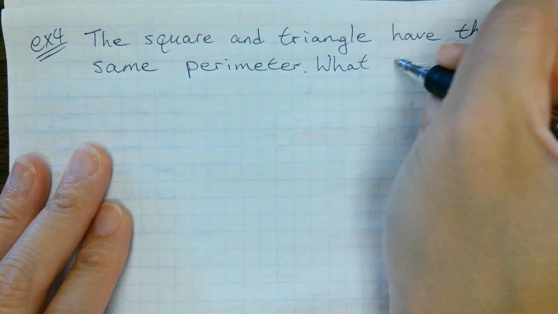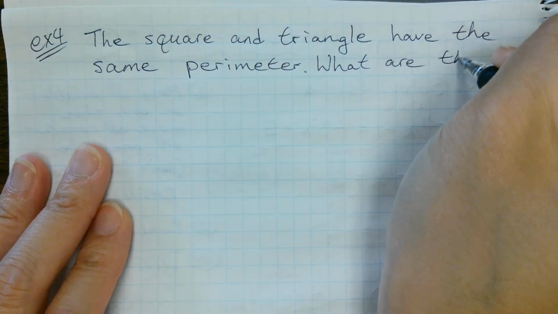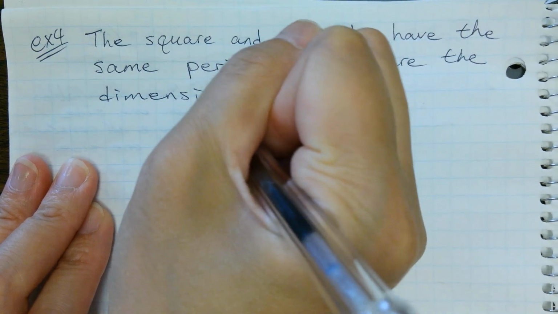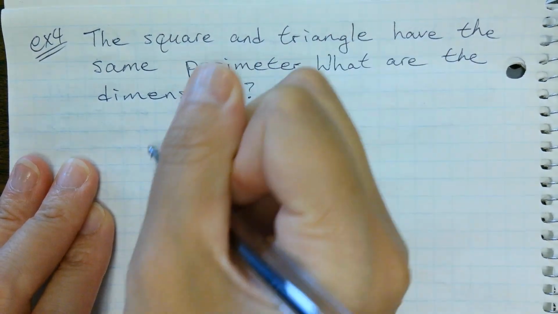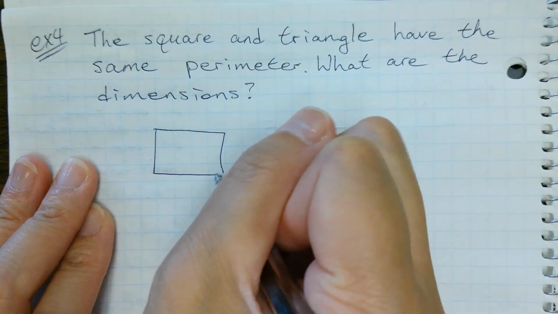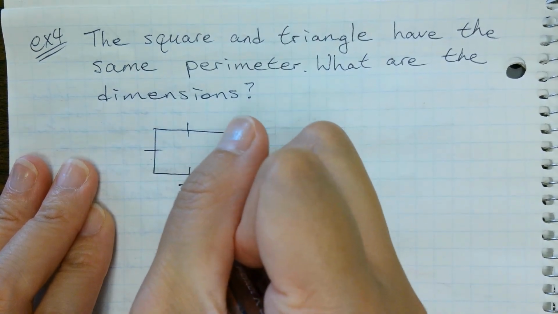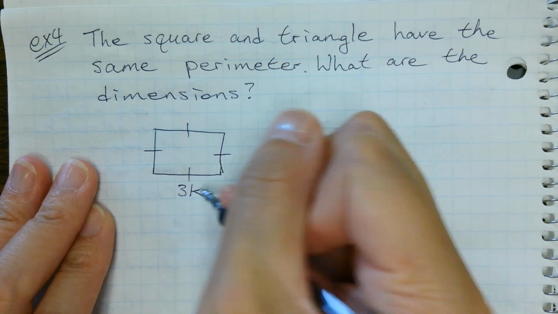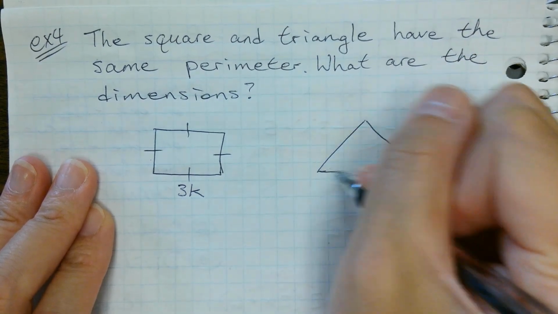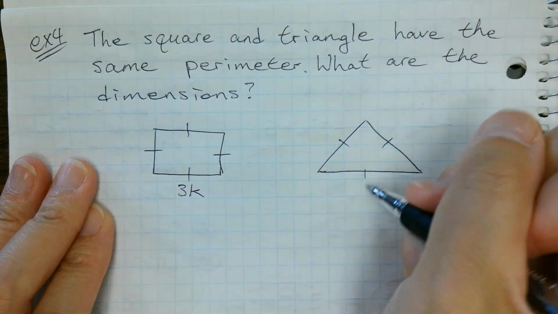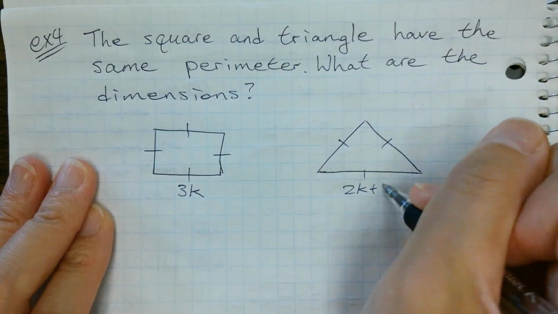What are the dimensions? Okay, so here's your square. We'll call this 3K. And here's your triangle. And we'll call it 2K plus 1.